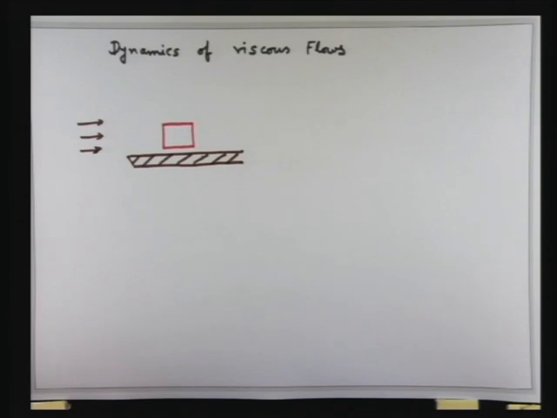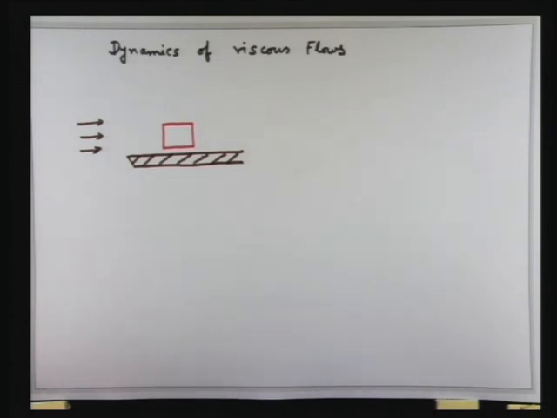Now, forces acting on a control volume are not just due to viscous effects. What are the origins of the forces acting on a control volume if viscous effects are absent? One is of course the body force, which is not related to viscous effects, and the normal surface force due to pressure.